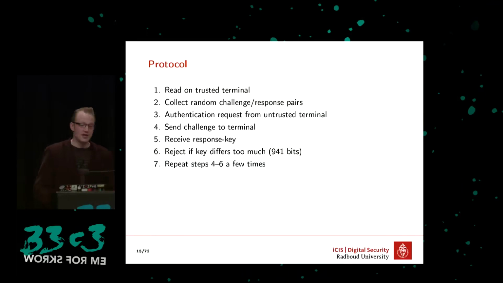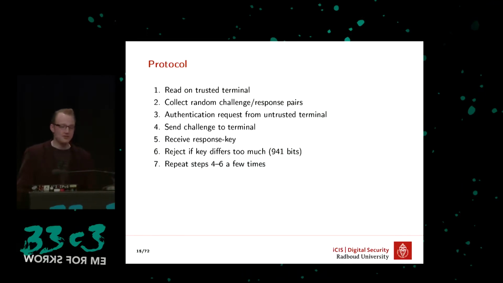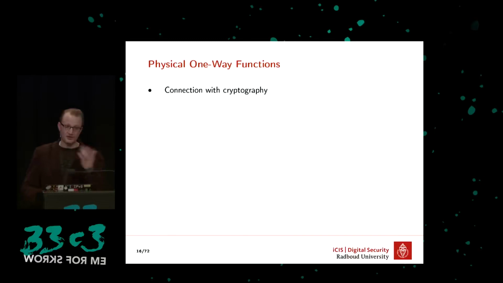And then you can get a better match rate if you repeat steps 4 through 6 a few times, and if you run out of challenge pairs, you could just go back to 1. That's the general idea. So this is the first paper that made this connection with cryptography.